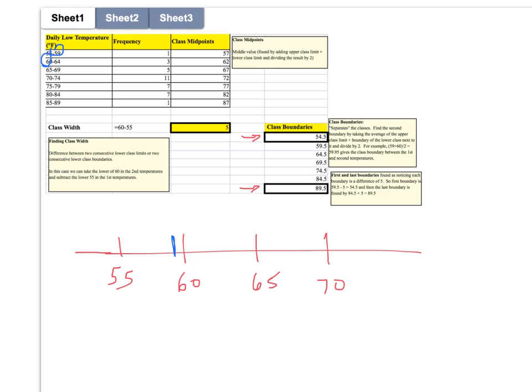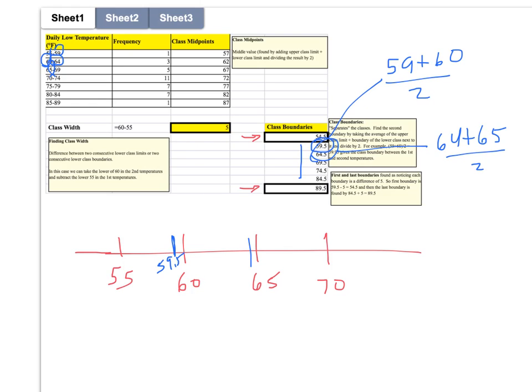I'm going to take 59 plus 60, divide by 2, and I get 59.5, which you can see is right here. I can do that for the next one, the 64.5. I get this by taking 64 plus 65 and dividing by 2. And I do this throughout.